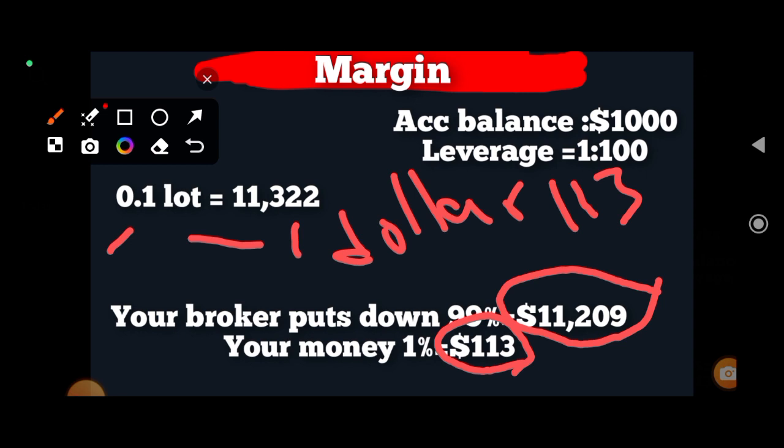The moment you lose this money, they're going to pull out their money back.